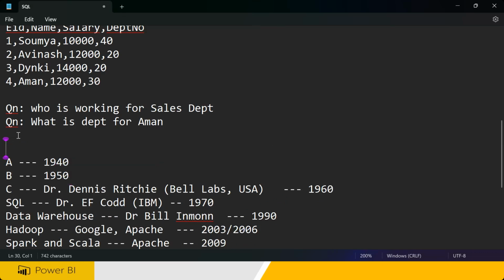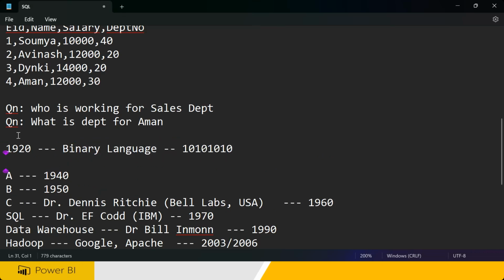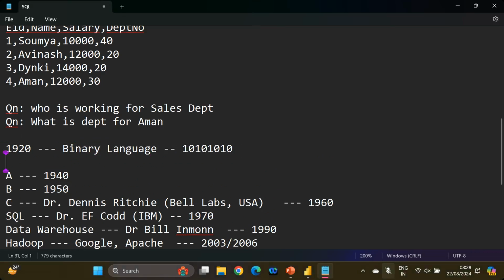Charles Babbage invented the computer in 1920. This is the invention of the computer by Charles Babbage in 1920. At that time, if you wanted to work with the computer, there was a language called binary language, right? People were using only ones and zeros to communicate with the computer. It was very, very difficult for them, so they wanted an English-like language.